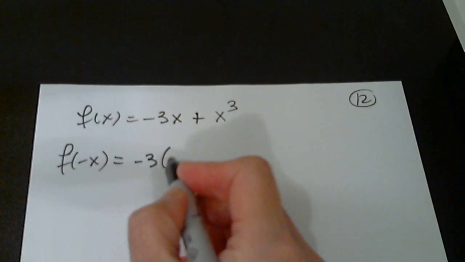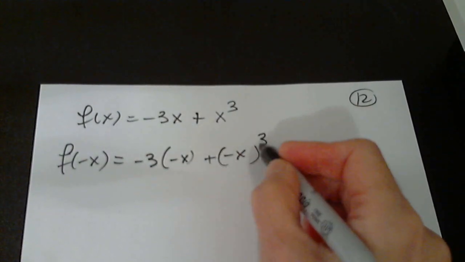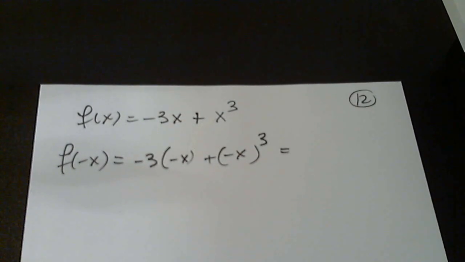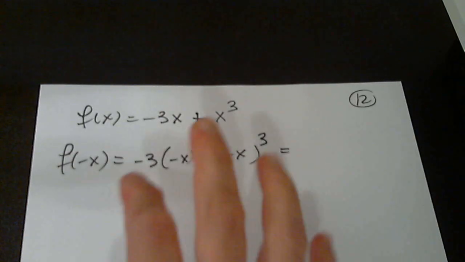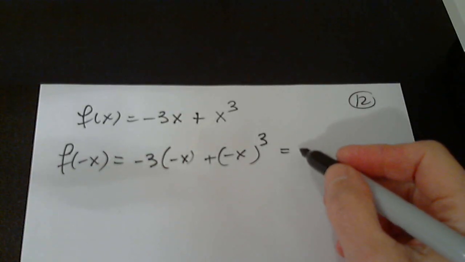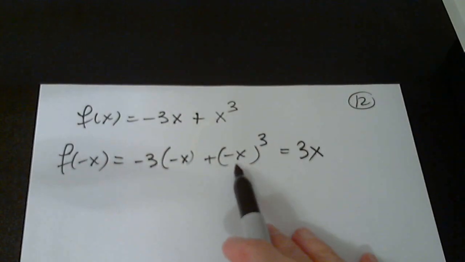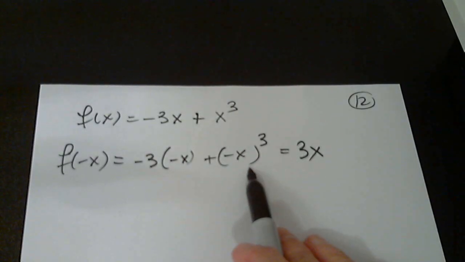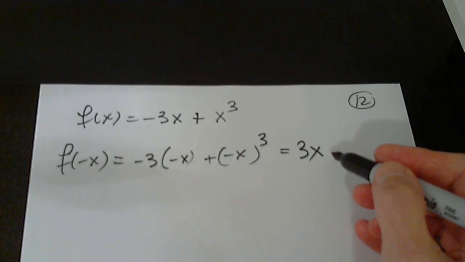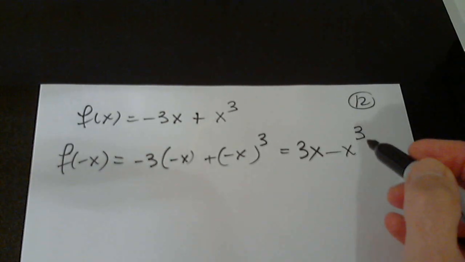So negative 3 times negative x plus negative x to the third. How much is negative 3 times negative x? 3x. Excellent. And now negative x times negative x times negative x is negative x cubed. Yes, indeed.